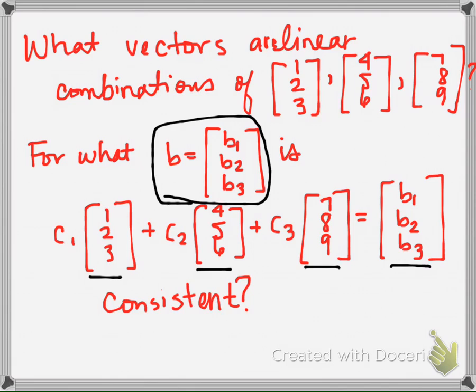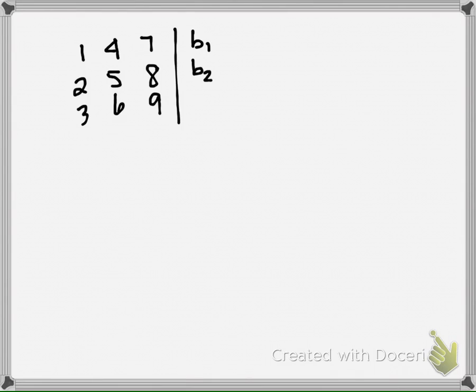So let's do that. Let's take the matrix with columns (1, 2, 3), (4, 5, 6), (7, 8, 9), and augment it with (b1, b2, b3). And now we're going to row reduce to see where we get our leading ones. We don't necessarily have to put this in reduced row echelon form. We can just put it in row echelon form to tell where our leading ones are going to be.